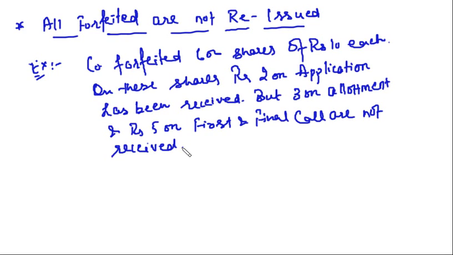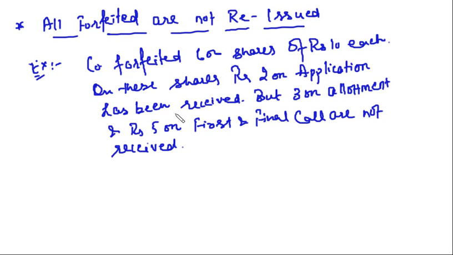On these shares, rupees 2 on application has been received by the company. But rupees 3 on allotment and rupees 5 on first and final call are not received. That means calls were made by the company but not received, calls in arrears, allotment money and the first and final call. Clear? Then further it says, friends, do write these examples.